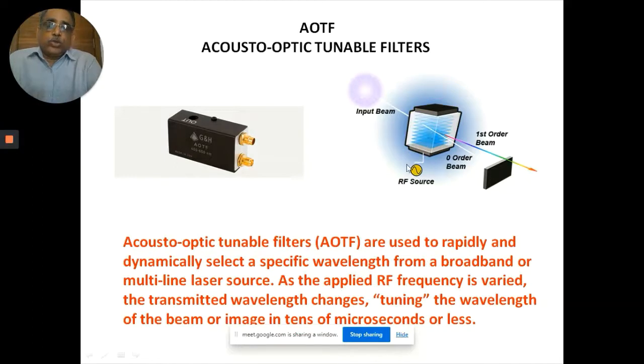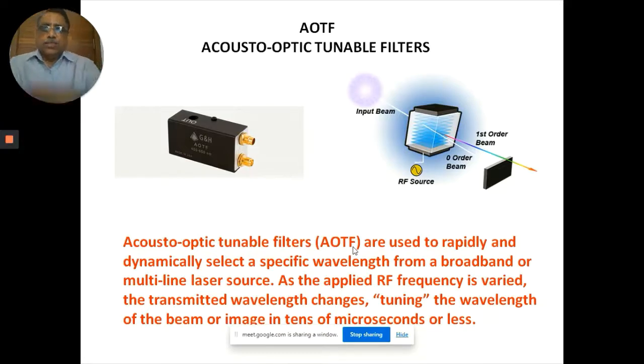This is simply based on the refractive index that is created by supplying an RF source to the material. You can see that one wavelength will diffract in a different direction, and the other one will reach the material that you want. So it is possible to tune this crystal. This is basically an acousto-optic tunable filter, otherwise you call it the AOTF. This is something of a special class.